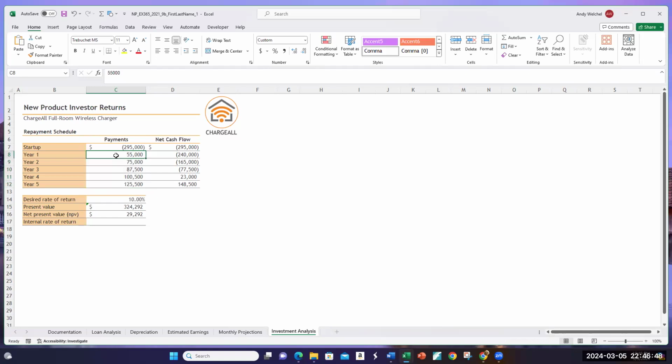But the fact that we have to wait a whole year to get that money, we have to wait 2 years to get that, 3 years, 4 years, 5 years to get that. Having to wait 5 years to get this money makes it less valuable, because if we had gotten that money immediately, we could have invested it at 10% and made money.